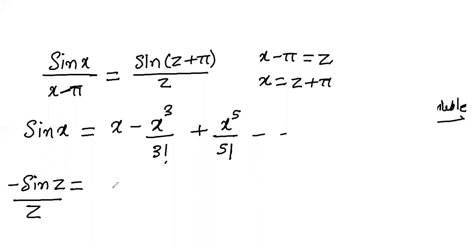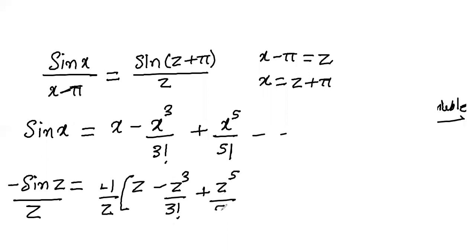So this is 1 upon z, and this is minus, and the series of sine z is z minus z cube by 3 factorial plus z to the power 5 upon 5 factorial and so on.